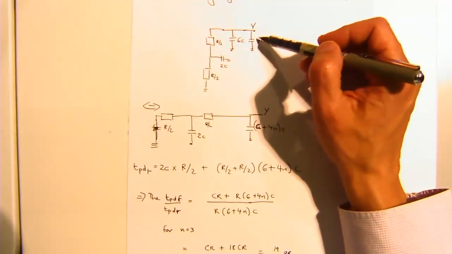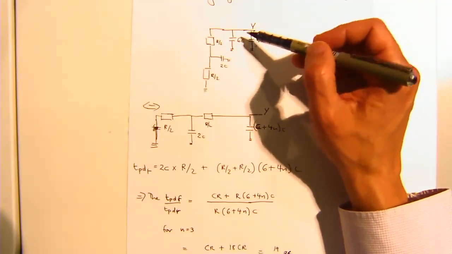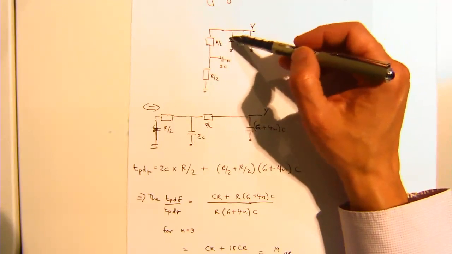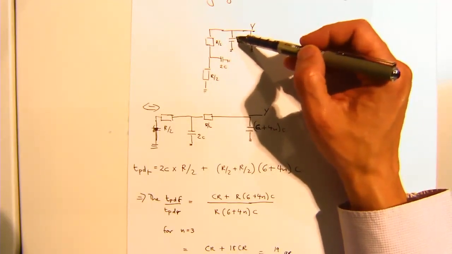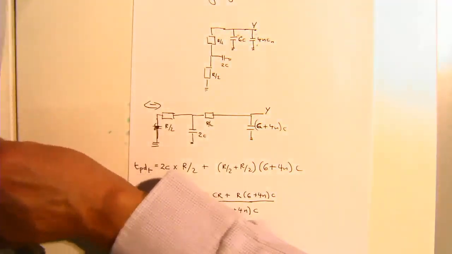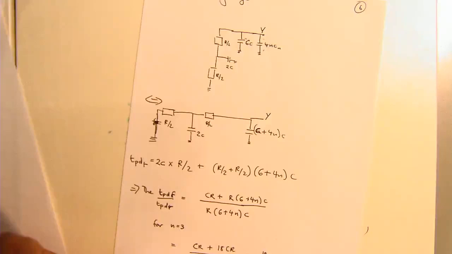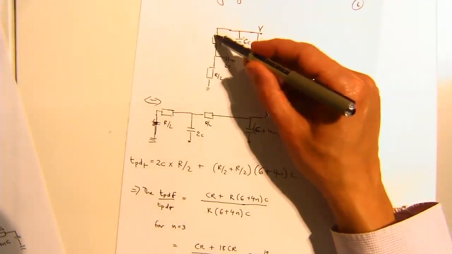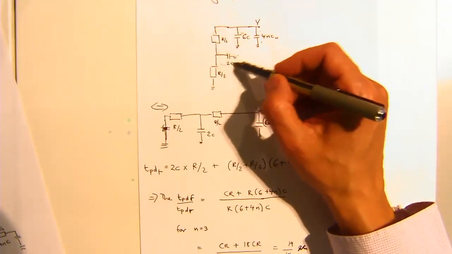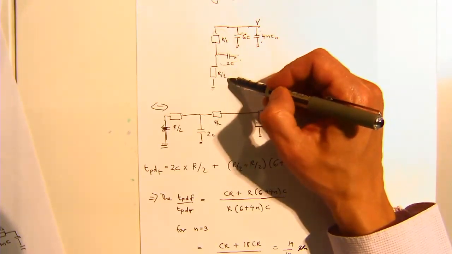So we've got the capacitance of the other 2 gates, the diffusion capacitance at this node, at the output node here, right? The resistance through the first NMOS, the capacitance due to that diffusion, and then the R2 again.